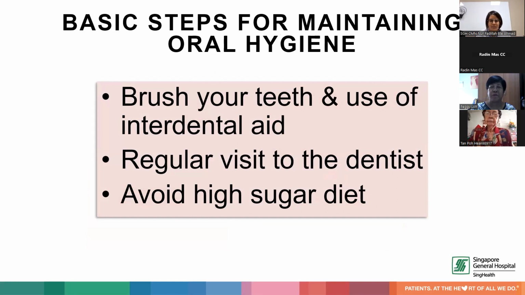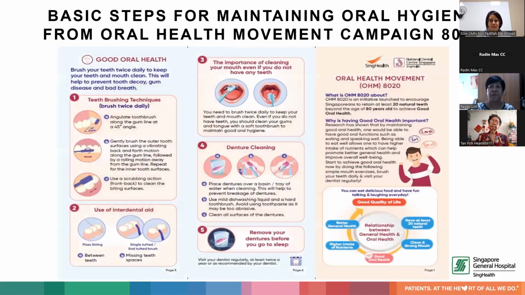And this acid is responsible for tooth decay because it slowly dissolves the enamel, creating holes or cavities in the teeth. Tooth decay can lead to tooth abscesses, which may result in the tooth having to be removed. Okay, so these are the basic steps for maintaining oral hygiene from the Oral Health Movement Campaign 8020.